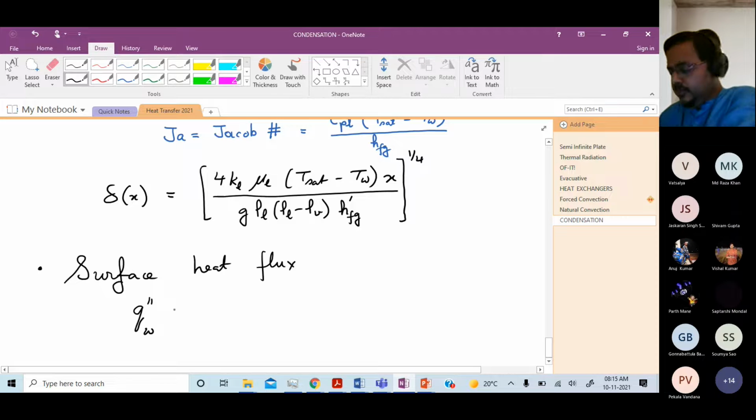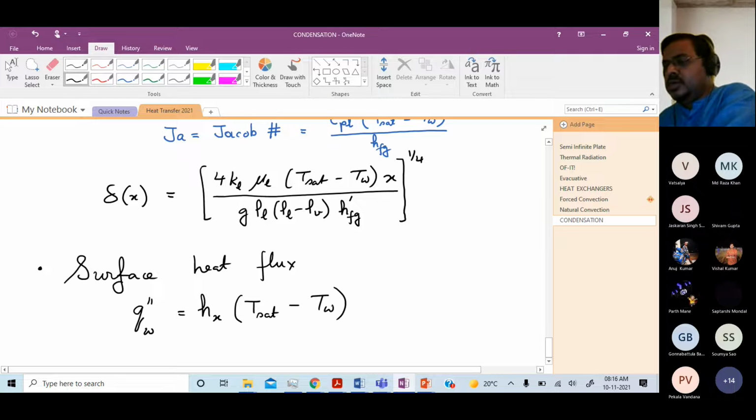Q double prime W we would define as Hx times Tsat minus Tw. And since Nusselt analysis assumes that the only mode of heat transfer inside the film is conduction, I can also write it as KL times Tsat minus Tw divided by delta x.